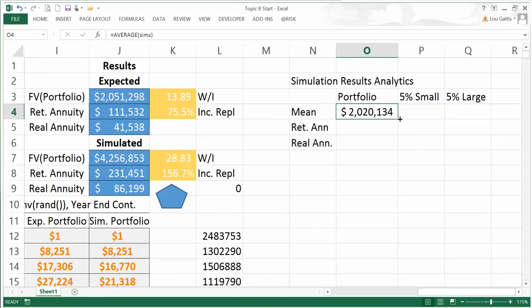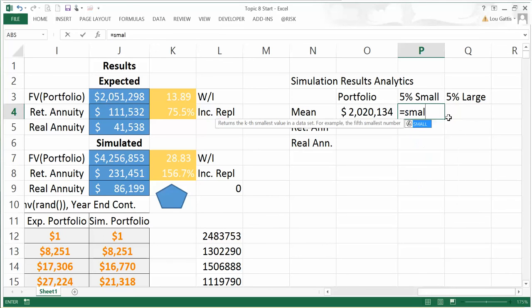I can then calculate the smallest value in this by sorting this column and seeing what the, say, 5% smallest is. Since there are 5,000 observations, 5% of 5,000 is 250. So I would sort this from low to high and take the 250th smallest, and then take the 250th largest. But I can use Excel's small and large function.